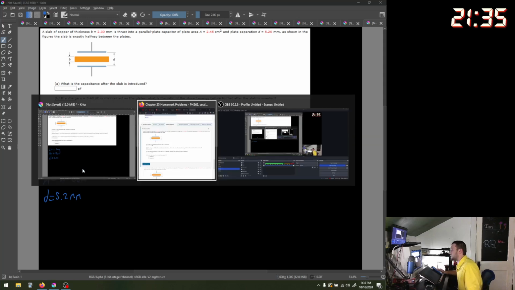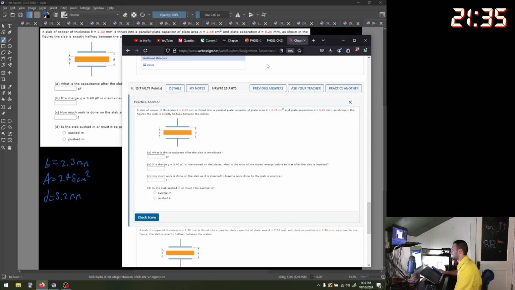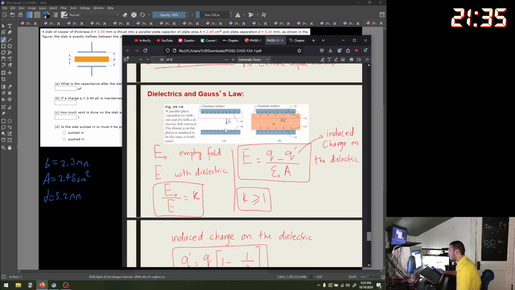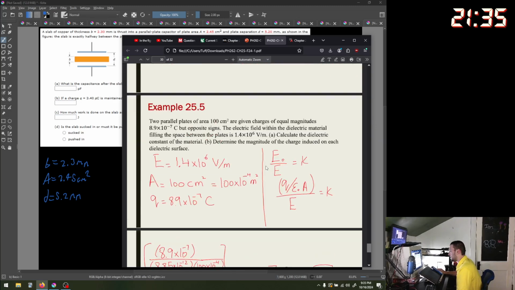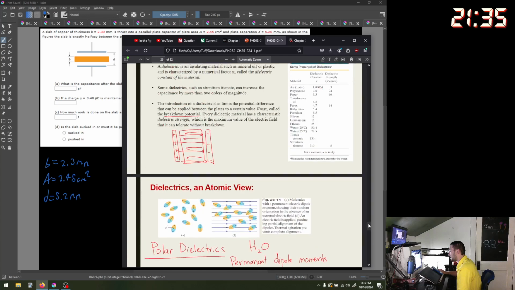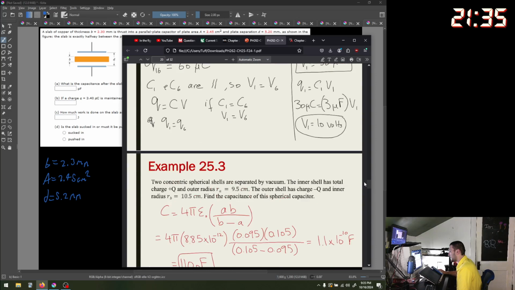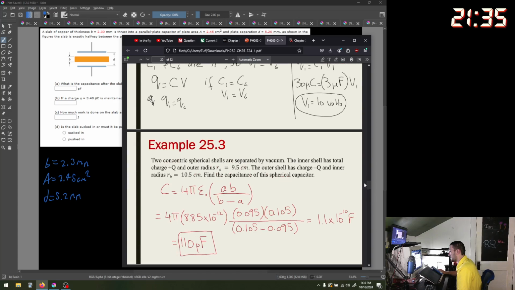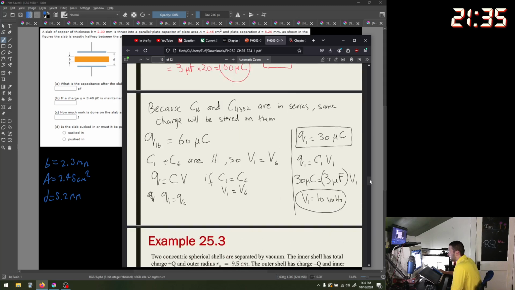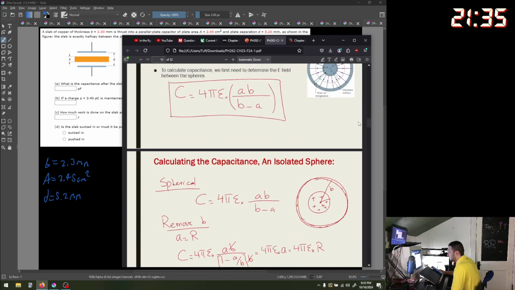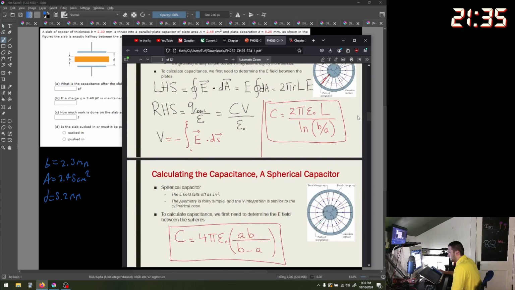But let's see, what do we have in the notes that's similar? We have this weird thing for a Gaussian surface, but I don't think it's that. Is it going to be this AB B minus A nonsense? It's for a sphere.